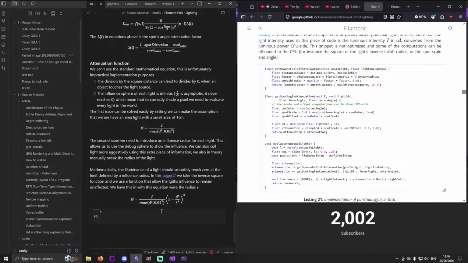We have a lot of code here, and I need to make sure that I understand every single bit of it. So this is the attenuation, which apparently can be done on the CPU based on what it said earlier.